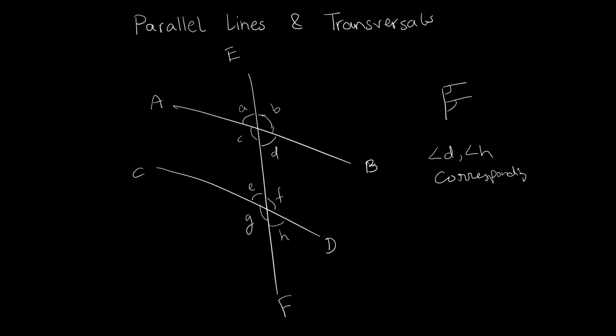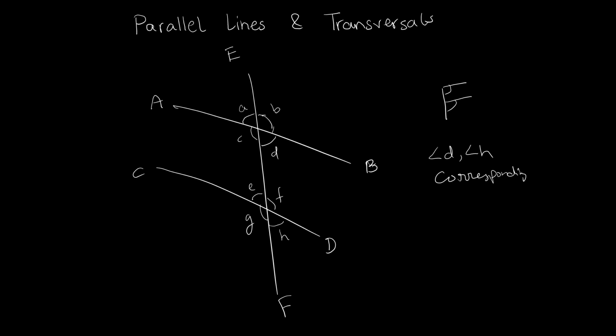Similarly, you have C and G because they're also part of the F. If you reverse the shape of the F, then you have angle E and angle A. And similarly, the angle B and angle F are also corresponding. So here's the point: corresponding angles are equal to each other. So the angles D and H are the same, and so are the other pairs.